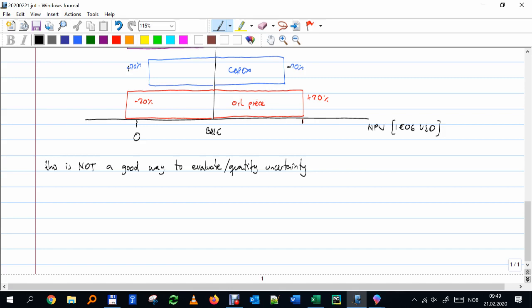In reality, we could have all of these combinations happening: maximum with minimum, minimum with maximum, and many other things. The point is that we are neglecting all other combinations.